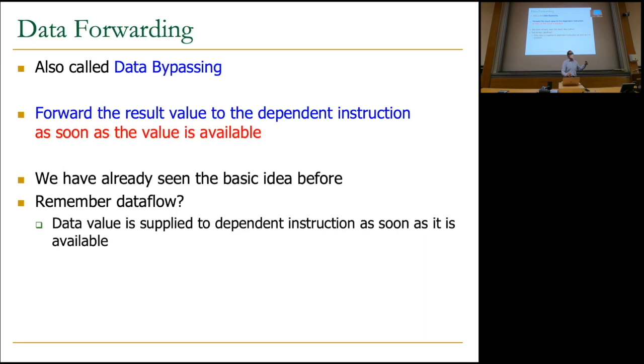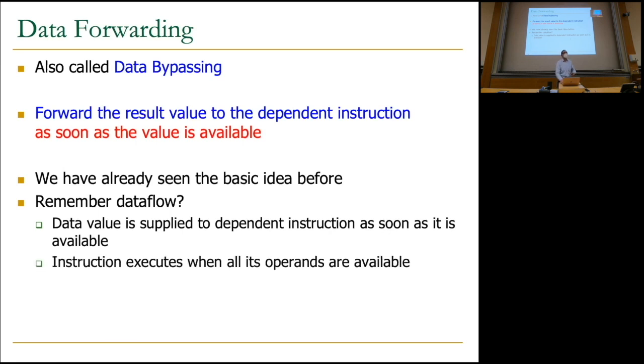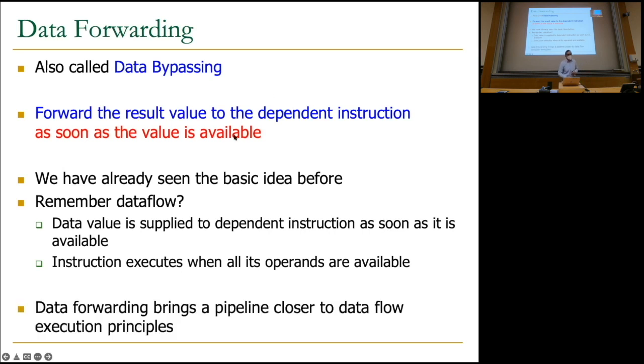A data value produced by an instruction is supplied to the dependent instruction as soon as it's available, and the dependent instruction gets fired when all of its data operands are available. Adding data forwarding and data bypassing brings a pipeline closer to data flow execution principles. The principle of data flow is that a data value gets available and gets forwarded to the consumers, and we're going to do that tomorrow.